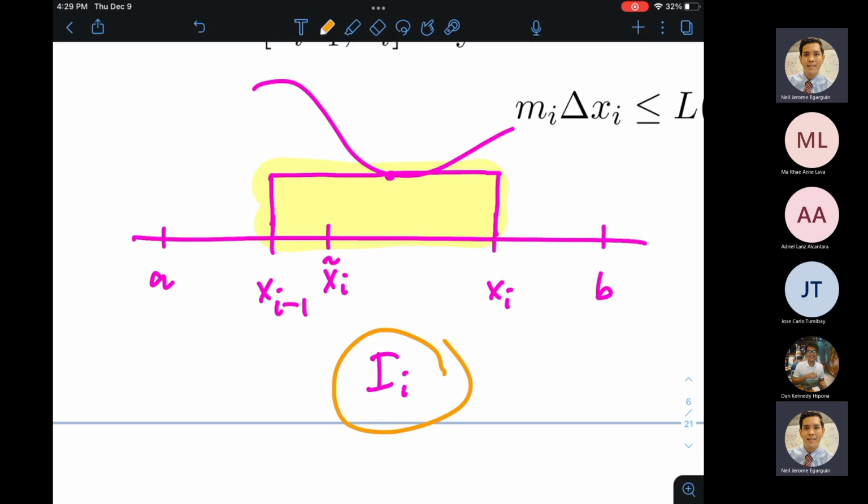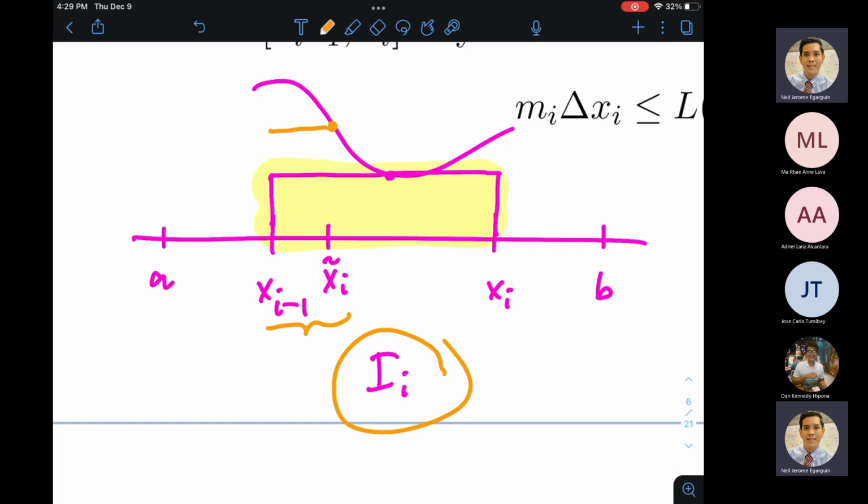Now, we will need to see what is the minimum value of f over the first refined interval mula kay x sub I minus 1 hanggang kay x sub I tilde. Alright? Kukunin ko yung pinakamaliit. I think nandito siya.